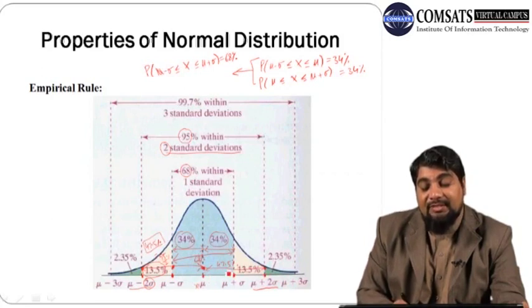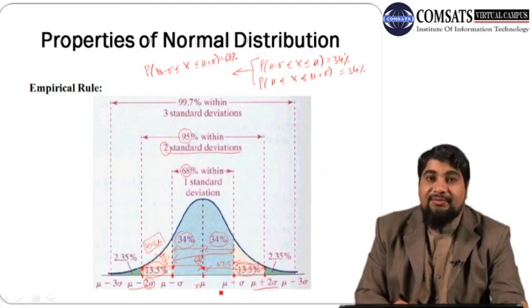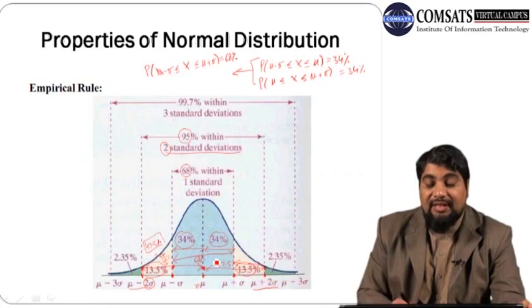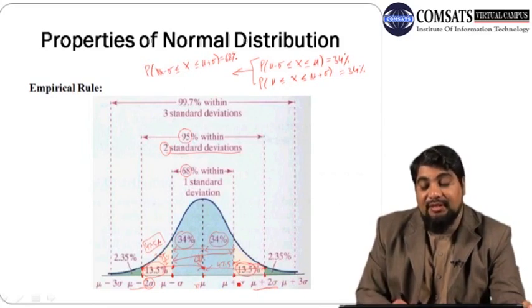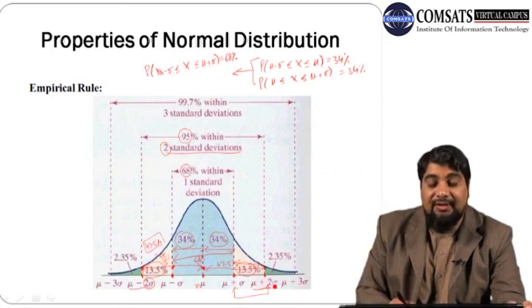From mu to mu plus sigma, it is 34%. So the remaining probability will be 47.5 minus 34, which is 13.5%. And remember that this 13.5 is the probability between the two limits, mu plus 1 times sigma and mu plus 2 times sigma.